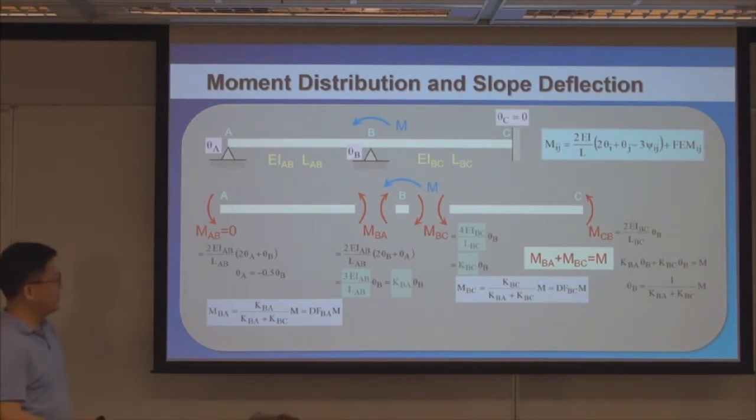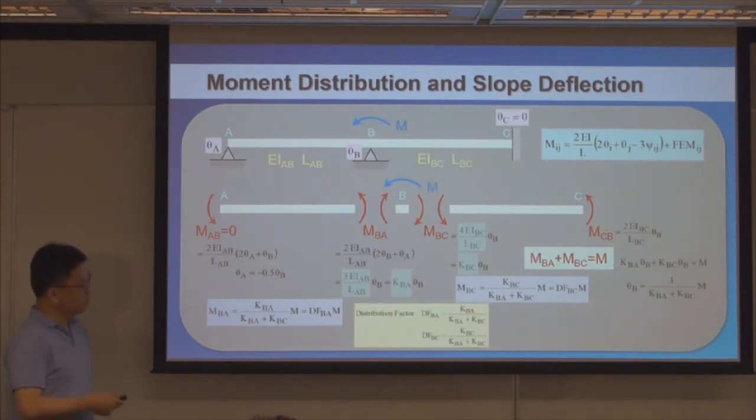So you can see that the whole calculation, after we've gone through the slope deflection approach, if you want to solve for the end moments, is purely just taking the applied moment and multiplying by some coefficients, which depend on the material property as well as the span width. So distribution factors DFBA and DFBC play a very important role in this calculation.